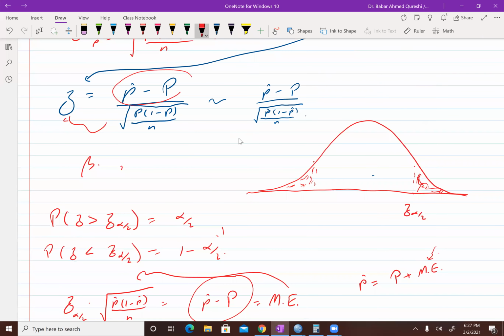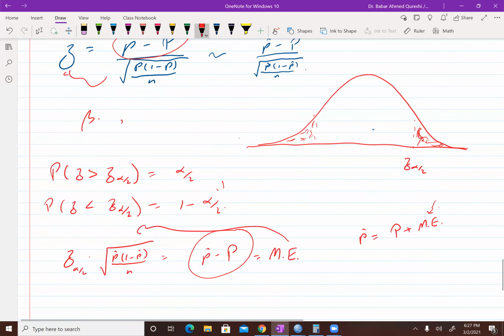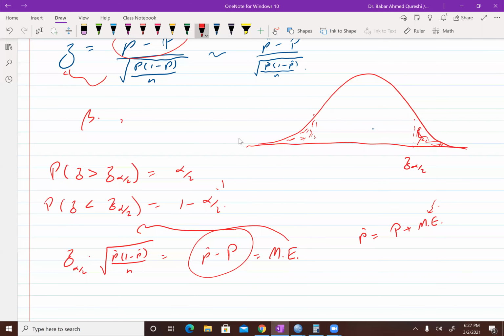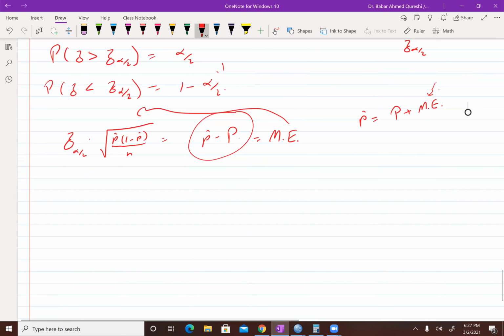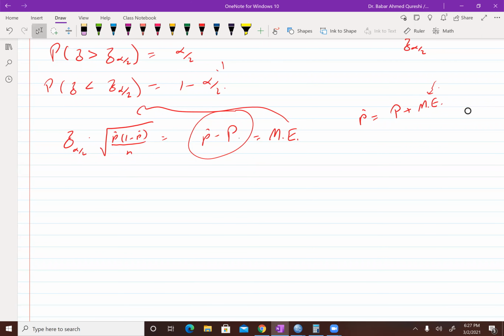This displacement is what you are looking for, and you put in here the critical value of the proportion variable, which is just this population mean plus the margin of error. So the population mean cancels and you get margin of error equal to this. So we can again look at some example.